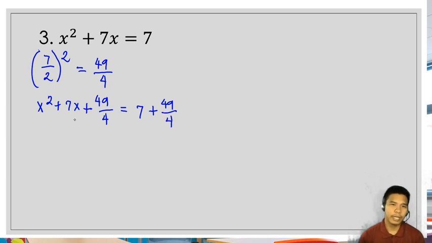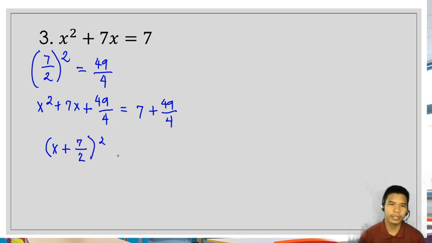After that, gagawin natin itong square binomial. Susundin lang natin yung steps. Square root of x squared is x. Then, copy the sign of the middle term, plus. Then, square root nyo lang yung numerator and the denominator ng third term. Square root of 49 is 7 over the square root of 4. That is 2.